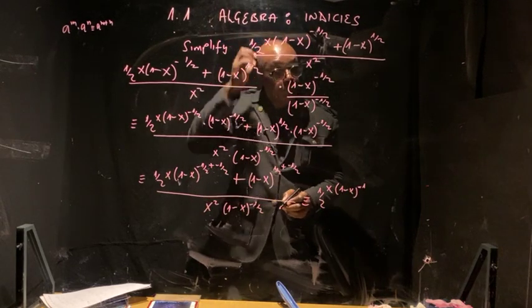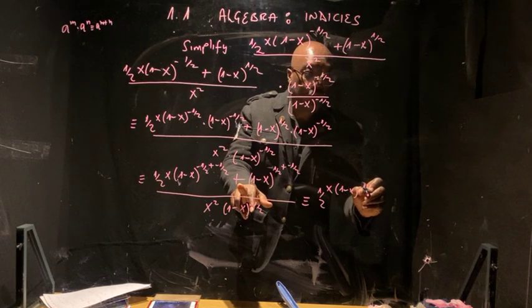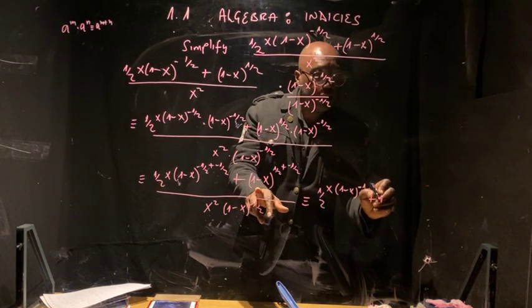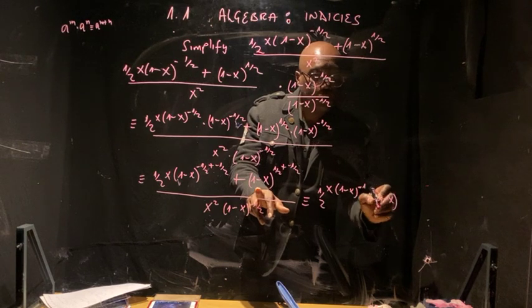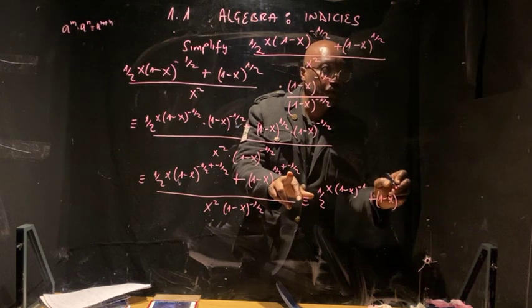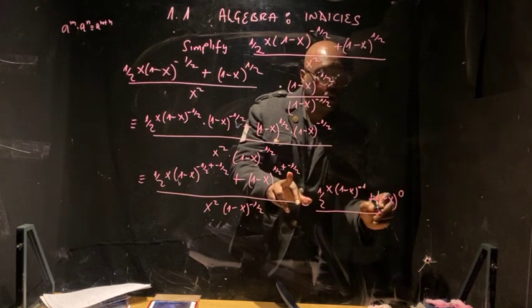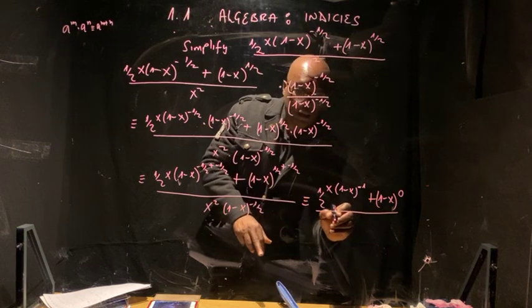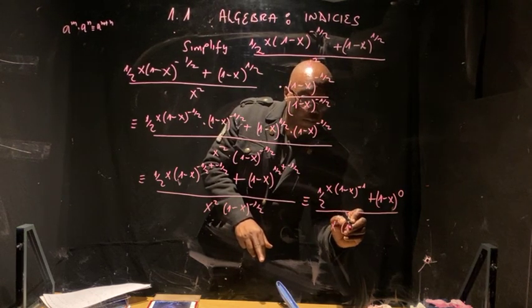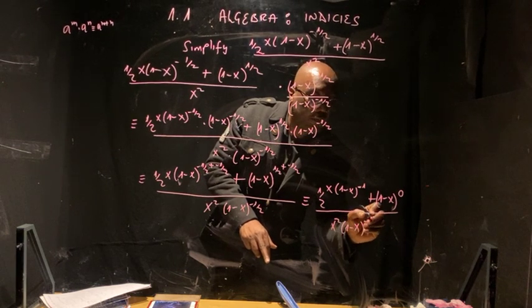Good. Then here you have plus 1 minus x, half plus minus half is 0, all over x squared 1 minus x raised to the power negative half.